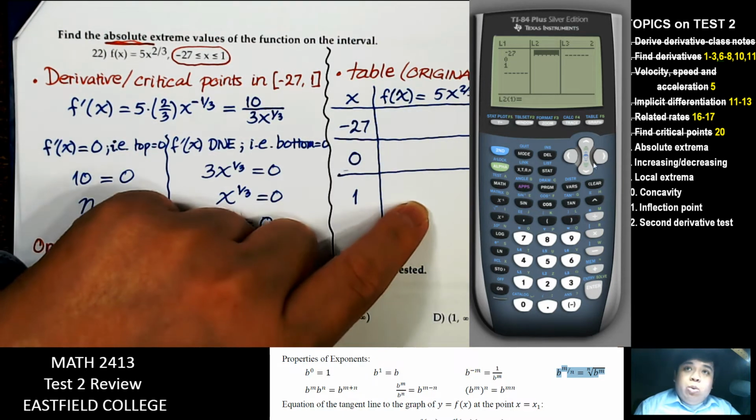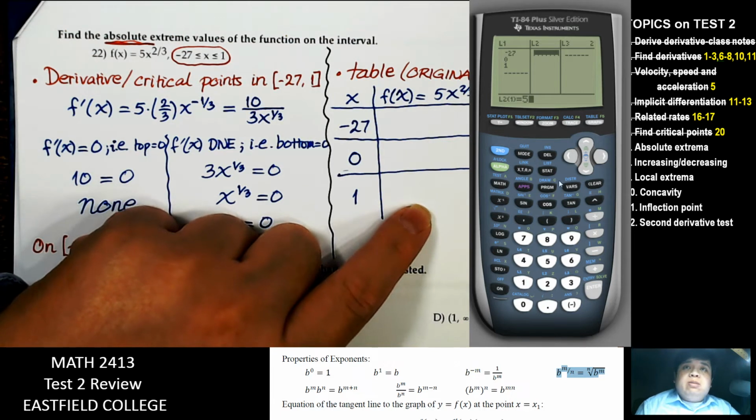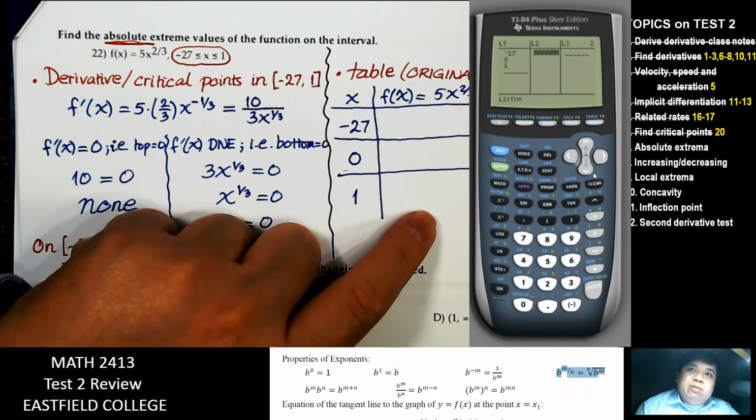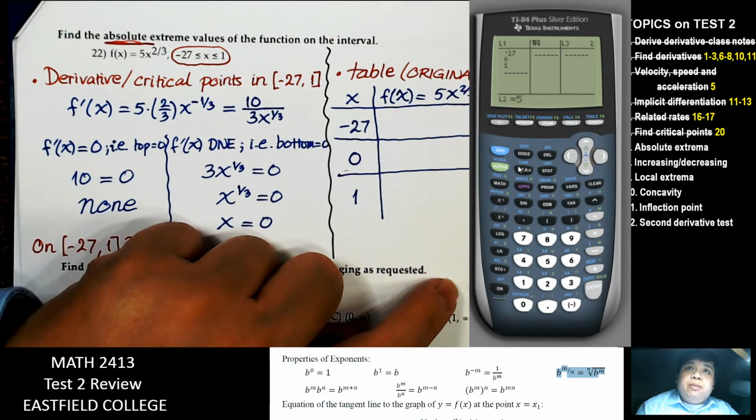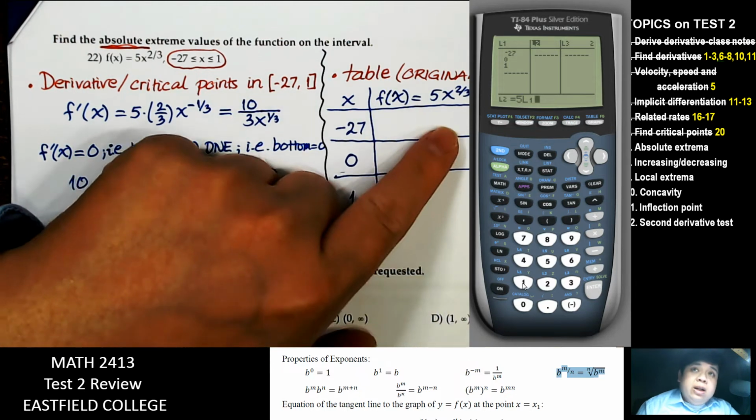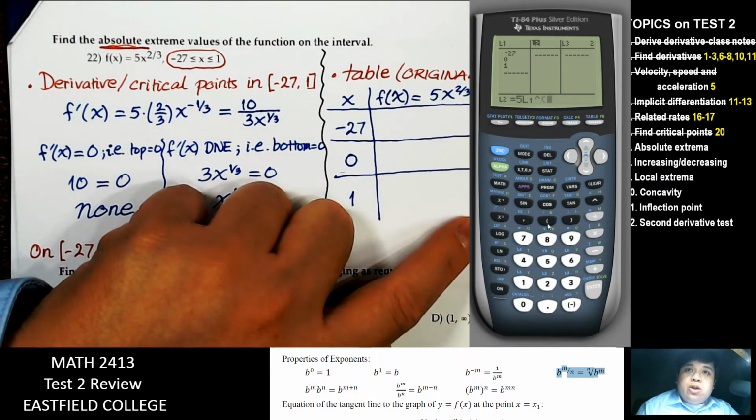Then highlight L2, and we can enter the function 5, instead of x we use L1, raised to the power of 2 over 3.